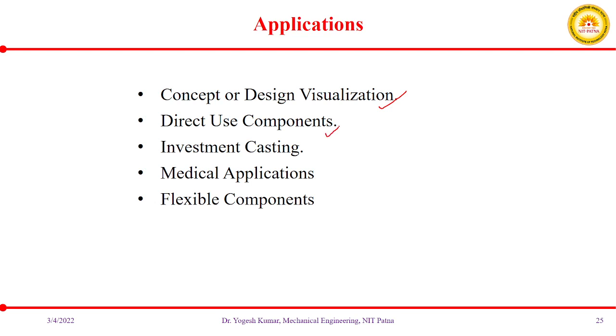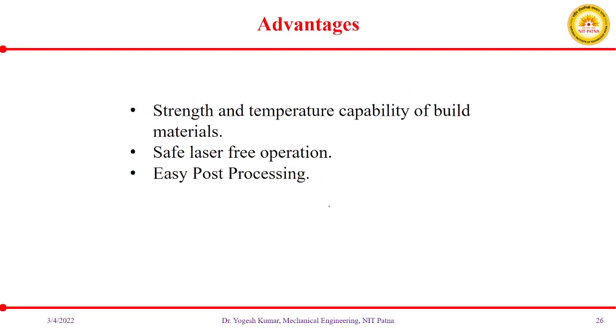Direct use components: the components printed using your FDM can be used directly. Then investment casting, it is widely used. It has medical applications too. Flexible components can be easily printed using your FDM printer.